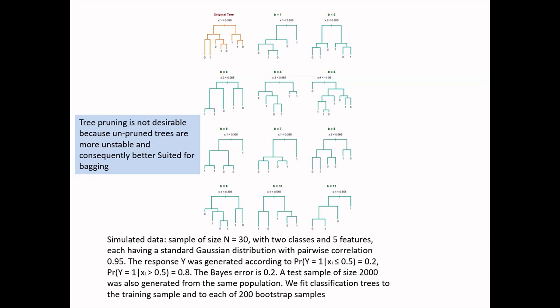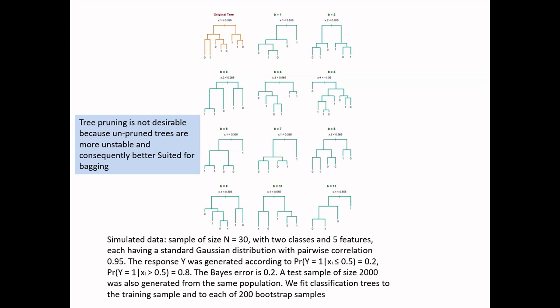Now, if you're doing this kind of thing, you don't need to do any pruning. Remember when we talked about decision trees, I mentioned pruning is required if you grow a very big tree, because it overfits.